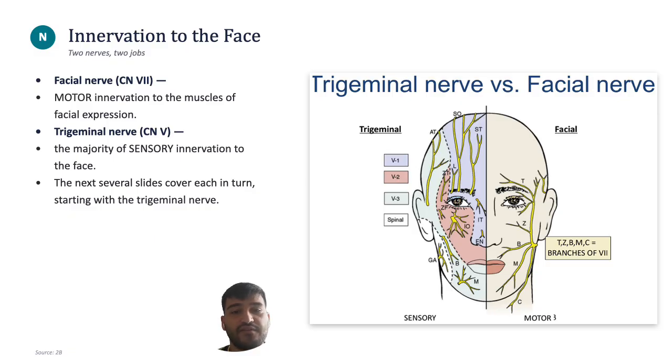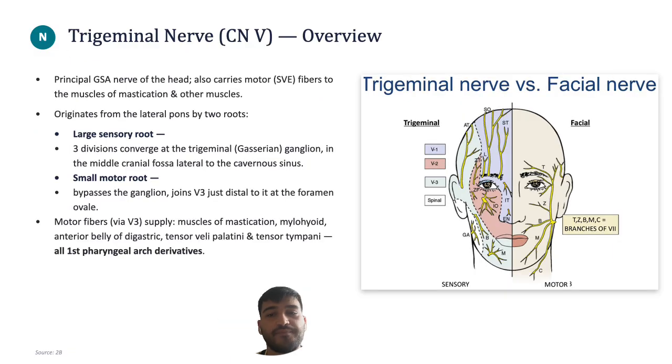And then we can talk about it here more, where we have the trigeminal nerve, mainly giving the GSA for the head, and it also carries some SVE, mainly for V3. It originates from the lateral pons by two roots: one large sensory root for V1, V2, and V3, and a small motor root for V3 only.